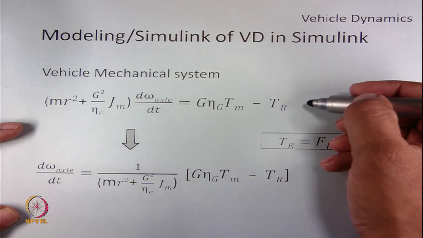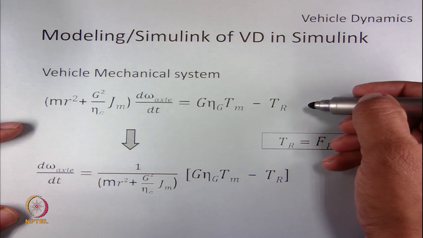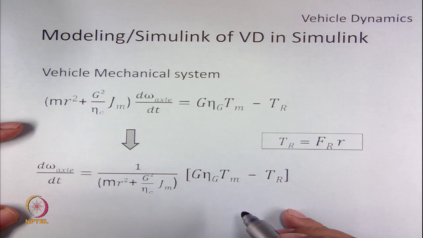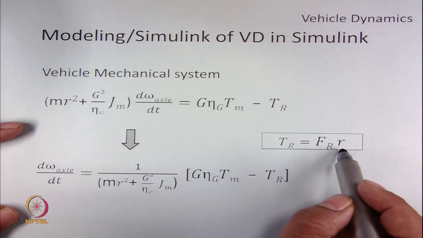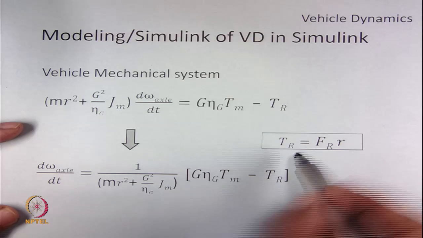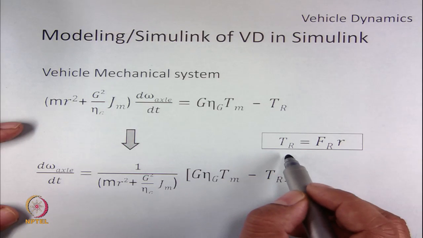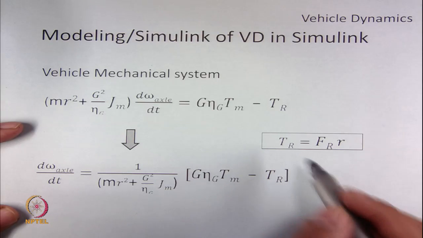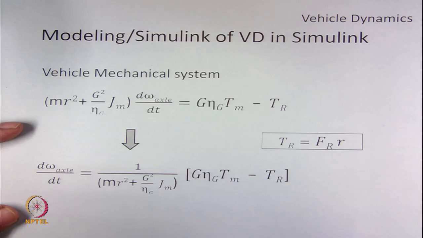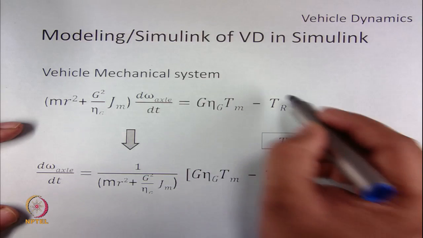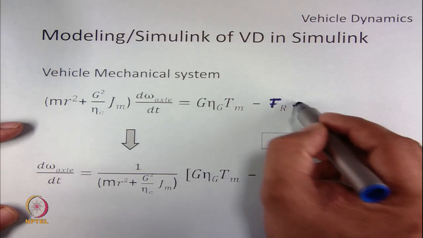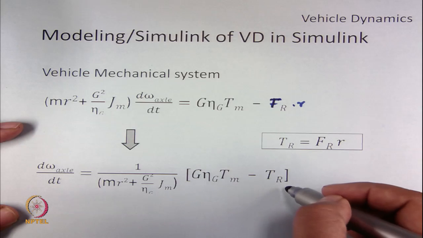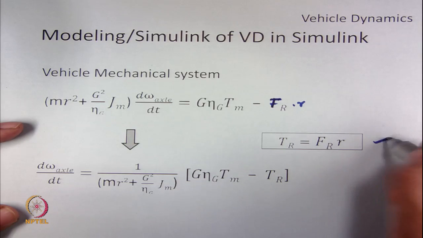This equation can be further modified as this. We can substitute Fr into r and we will get Tr. So, we can say the torque due to resistive forces can now be termed as Tr, and this equation becomes this. Basically, here it was Fr into r, which we rewrite using this substitution.